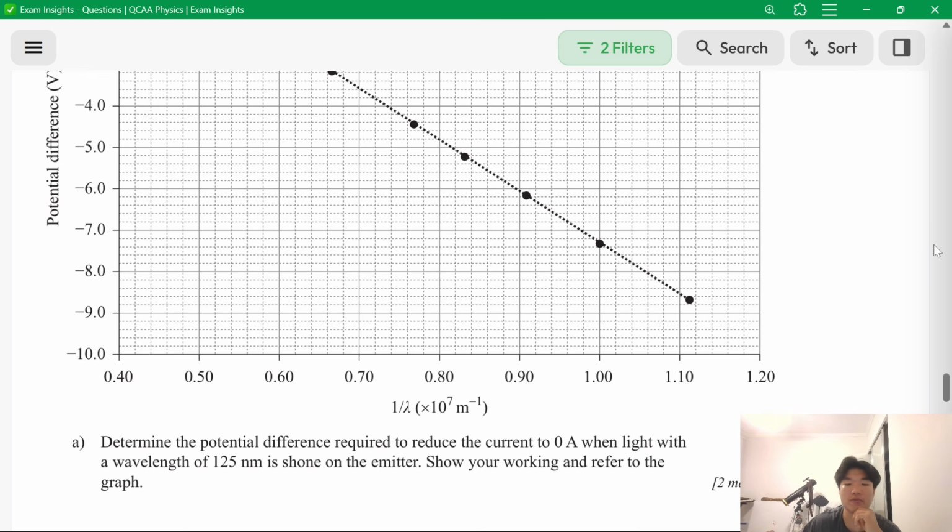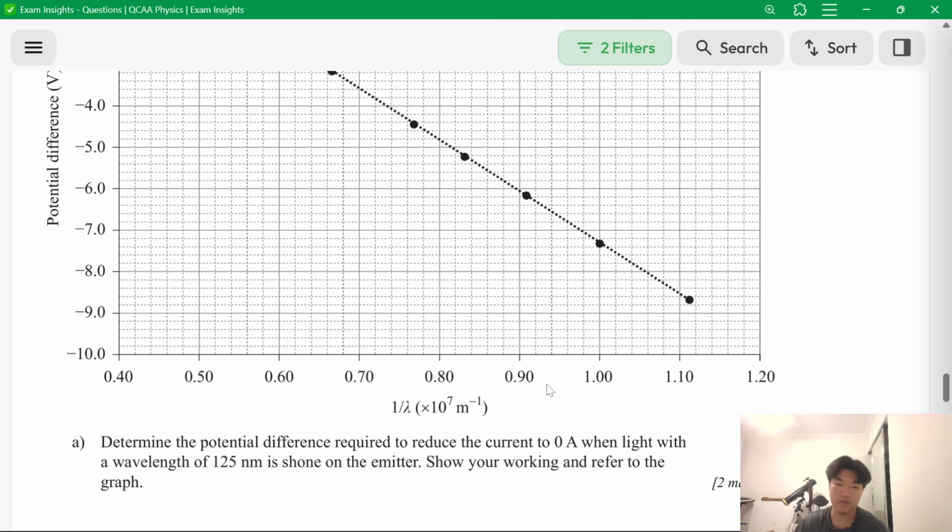Determine the potential difference required to reduce the current to zero when light with a wavelength of 125 nanometers is shone on the emitter. Show your working and refer to the graph.